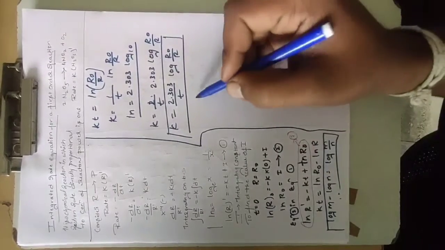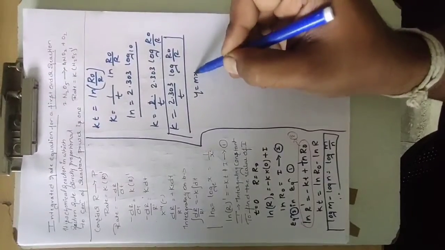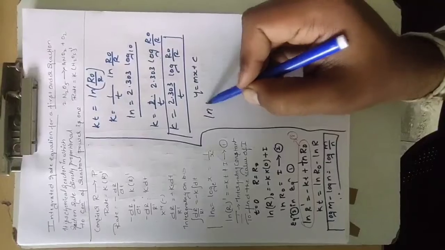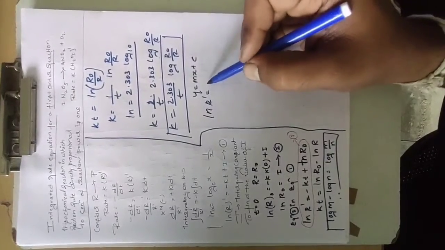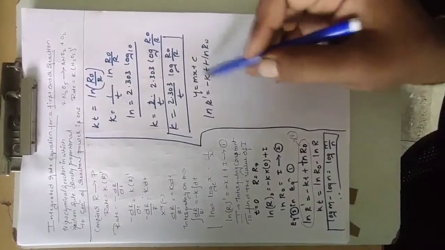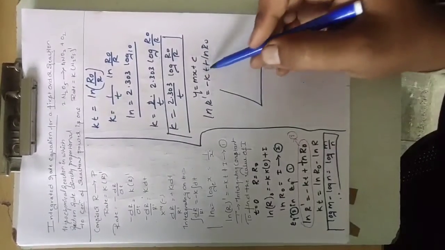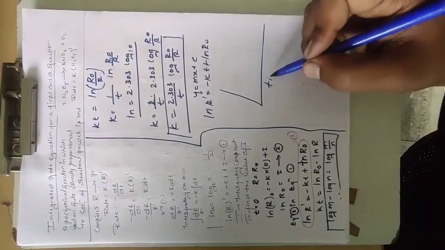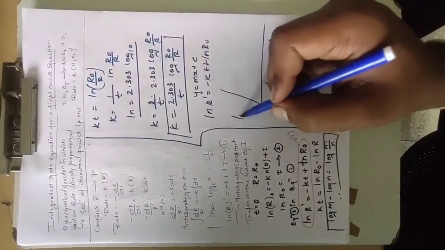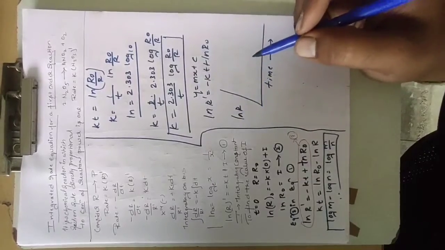That is y = mx + c, like ln r = -kt + ln r naught. What is the x-axis? The x-axis is time, and the y-axis is ln r.